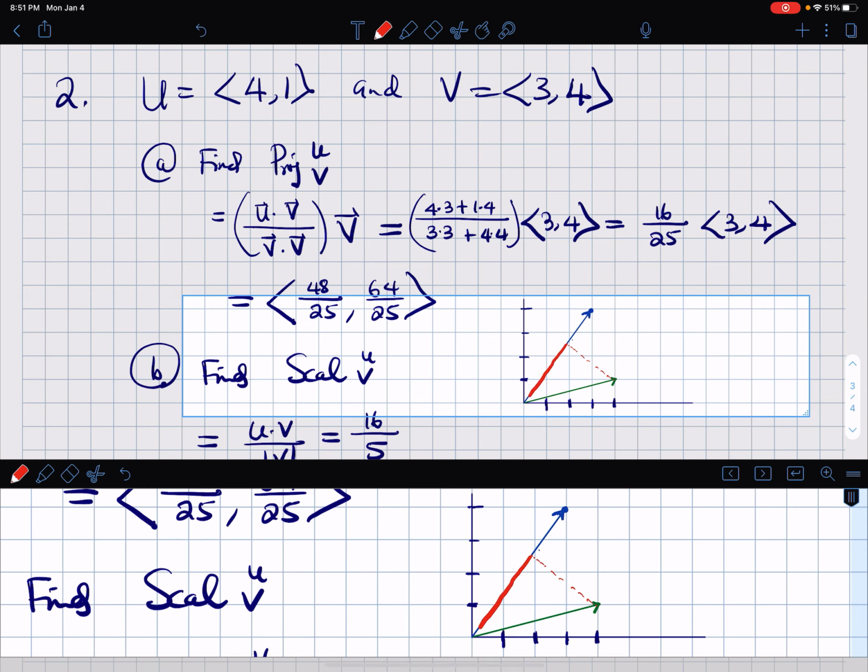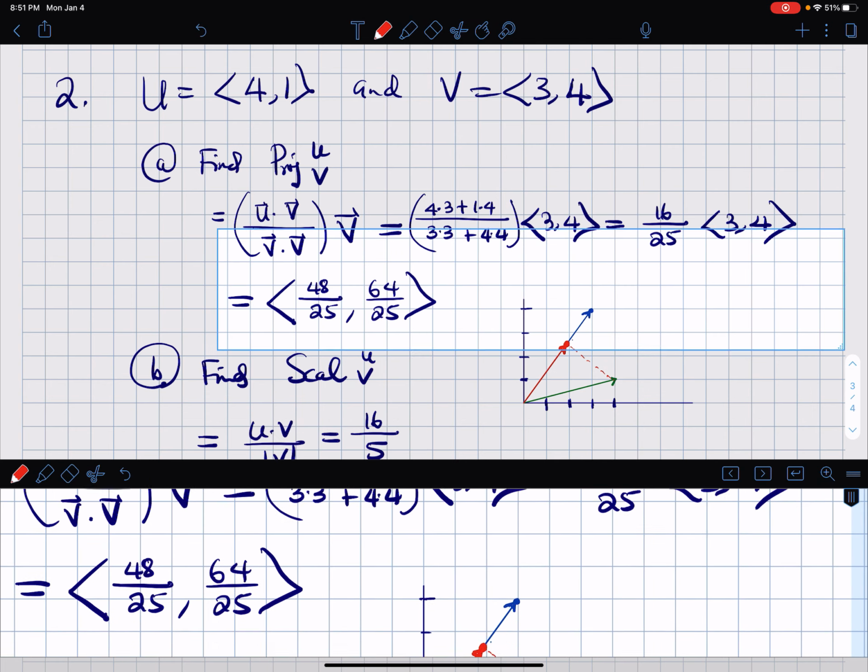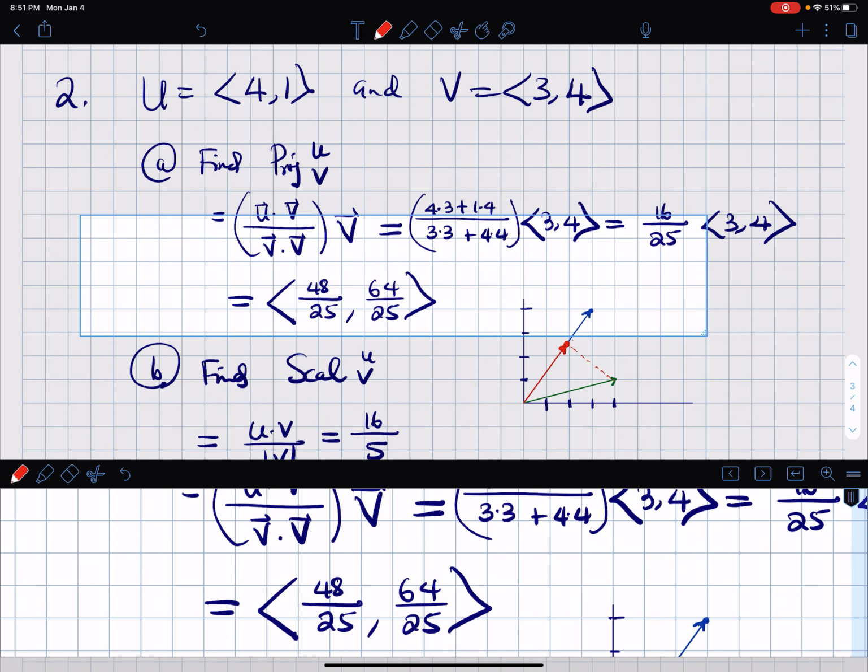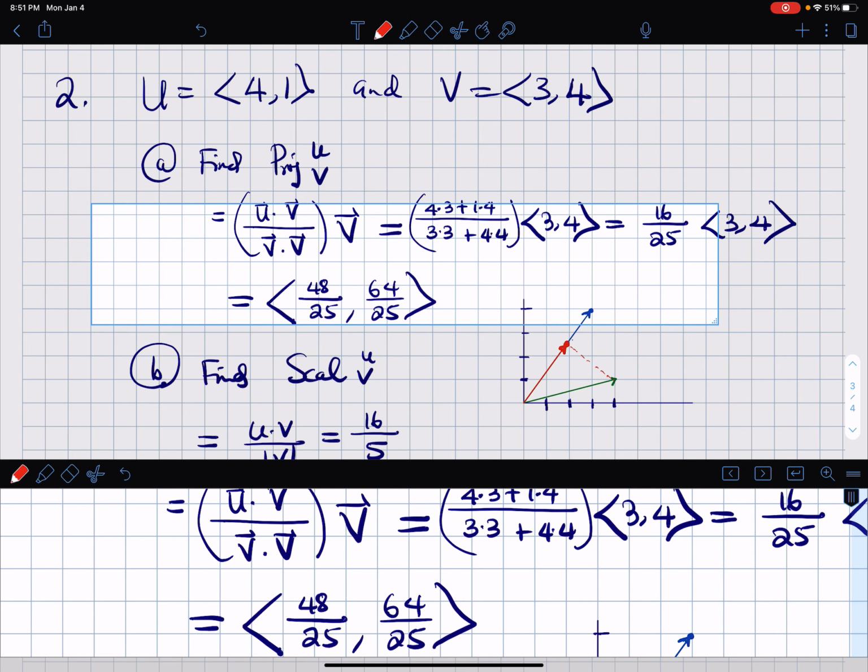So this is more like it. 48 over 25, I'm trying it on my calculator, so I'm not a genius, is 1.92.